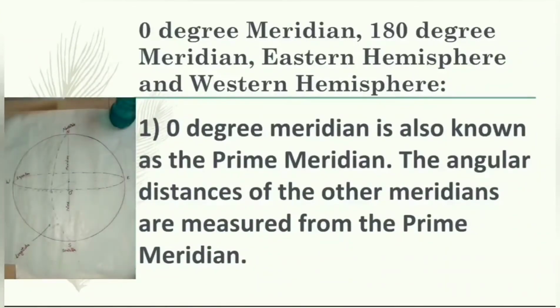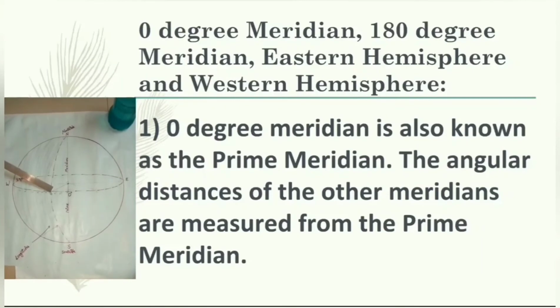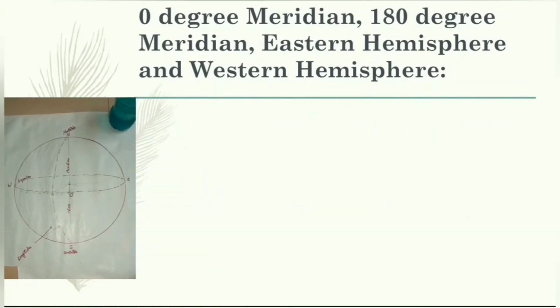The angular distances of other meridians are measured from the prime meridian. From this prime meridian we measure other distances. Is it clear?